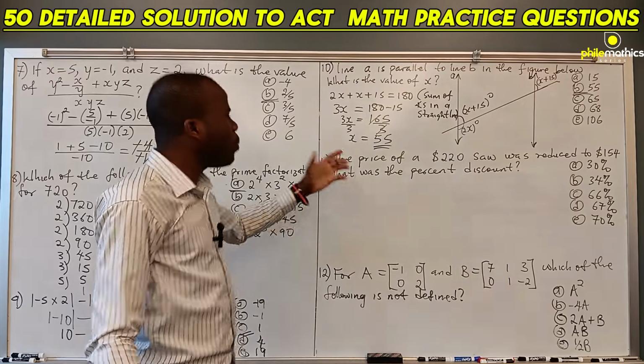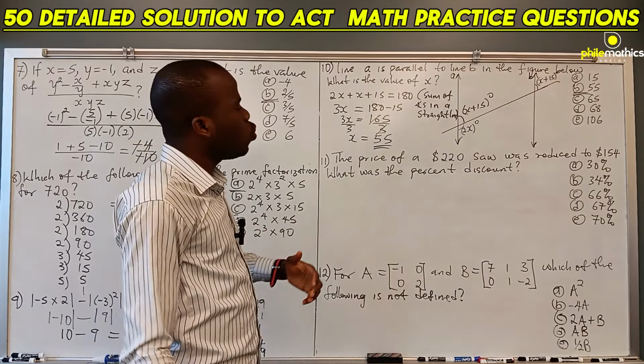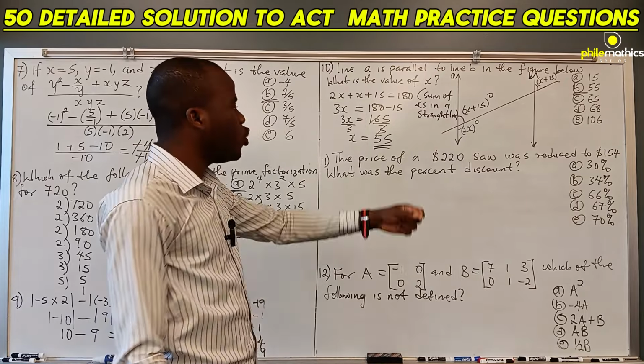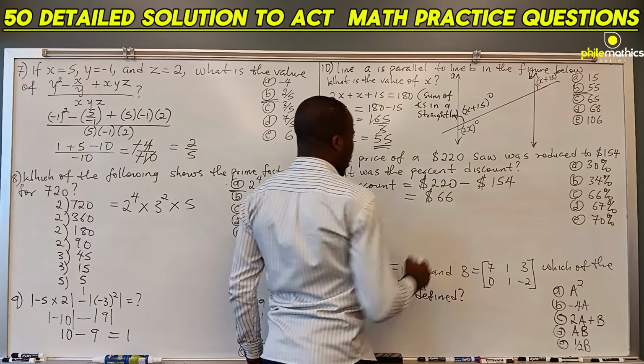Question 11 says the price of a $220 saw was reduced to $154. What was the percent discount? To find the percent discount, we'll first of all find the discount. So the discount is $220 minus $154, which is $66.